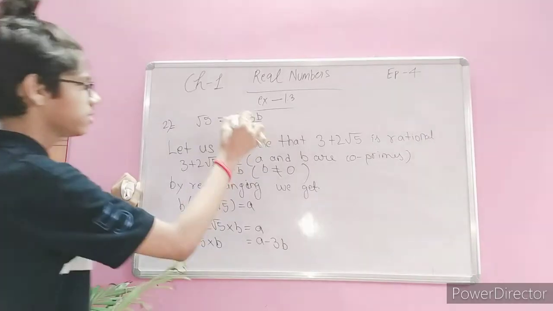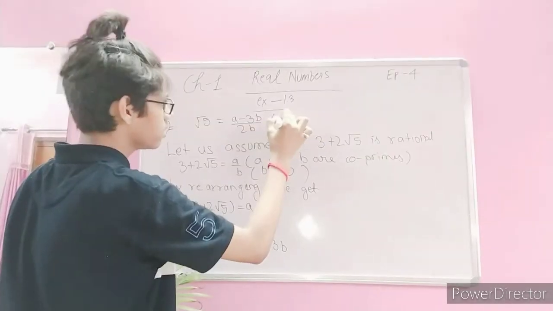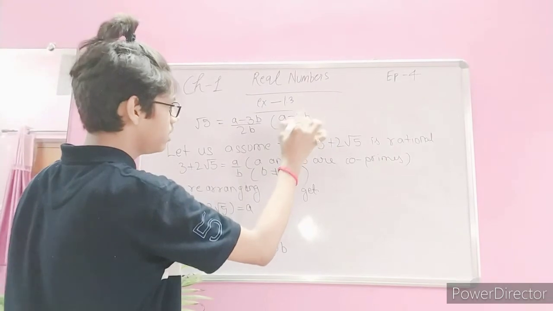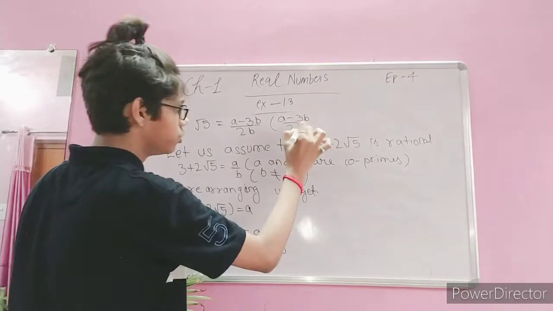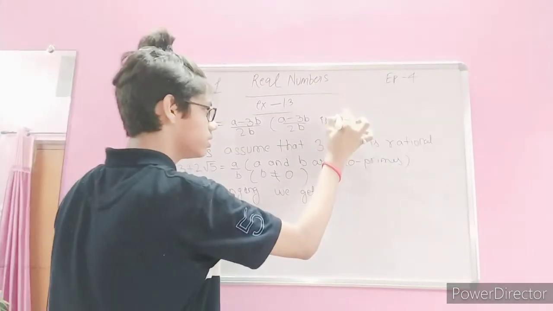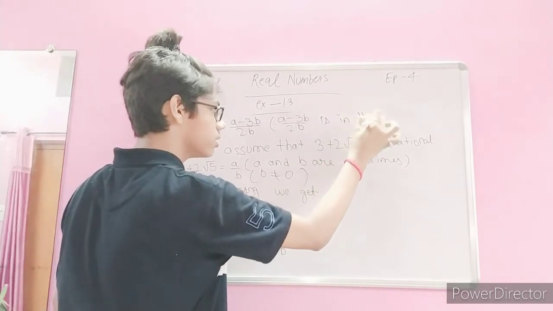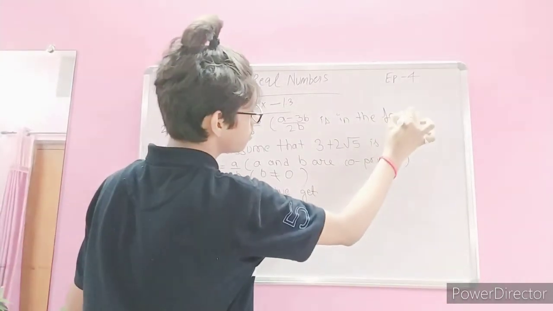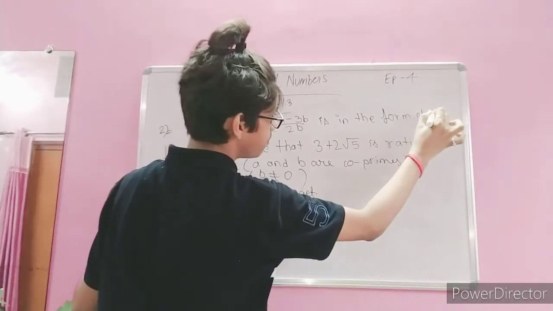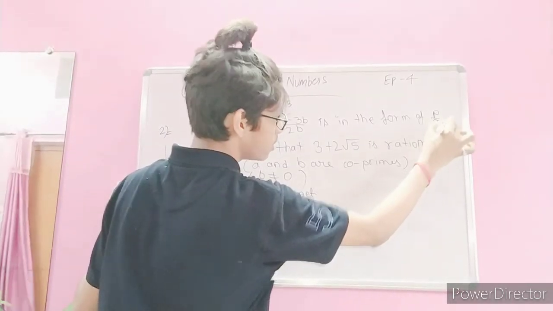So here a minus 3b upon 2b is in the form of p by q.